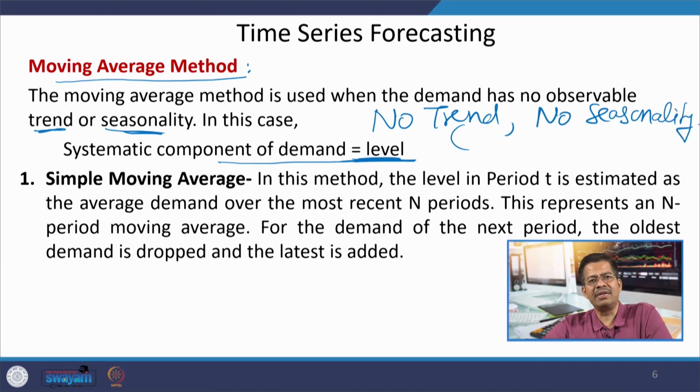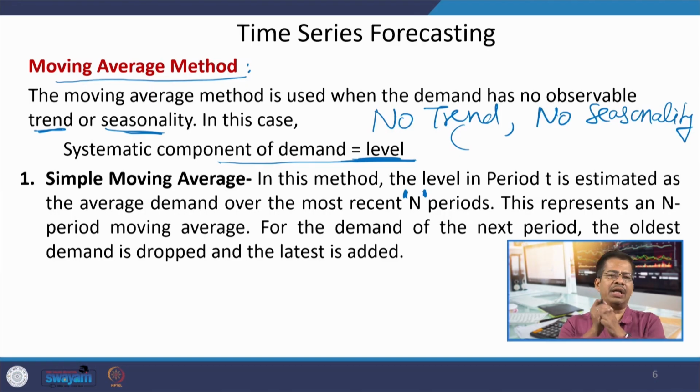And in this case, the simple process is that whatever historic data you have, you take the average of some recent number of data. Some recent data is known as n periods, and with that n period data, you will be able to get the forecast for the next period.